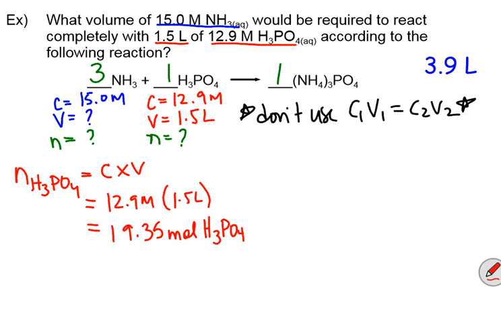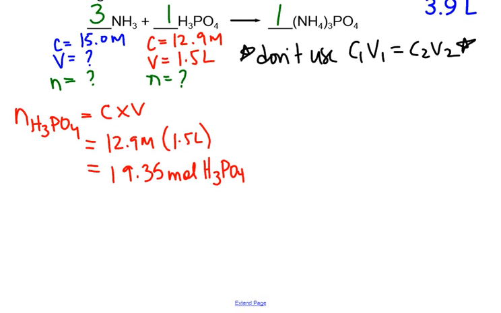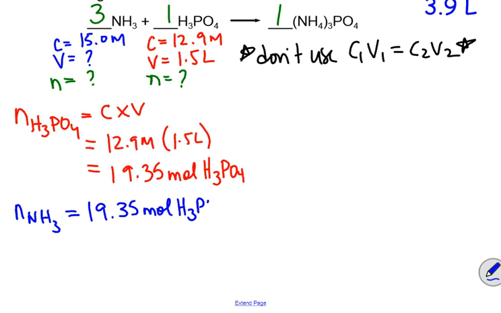Now what I'm going to do is change that into moles of ammonia. So I'm going to use my stoichiometric ratio to do that. I'm going to do this in blue. So to find the moles of NH3, I have 19.35 moles of H3PO4. And I'm going to times that by my conversion factor.